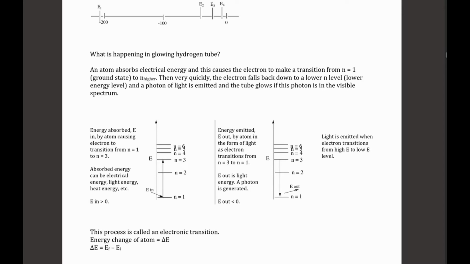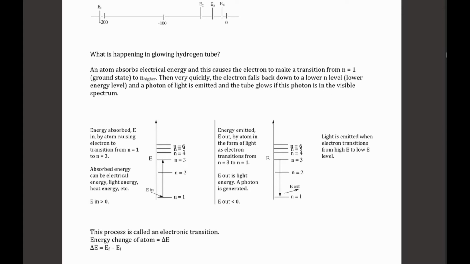So we're supplying that voltage potential. That's a source of energy. We call it electrical energy. So the atoms, many of them within the tube, are absorbing that electrical energy. This causes the electron to make a transition from n equals 1, the ground state, to some higher n level.